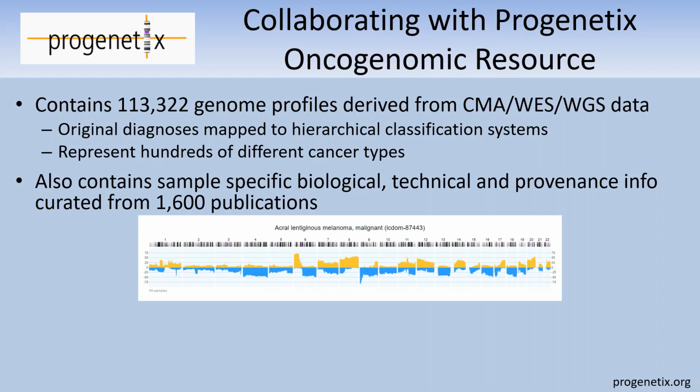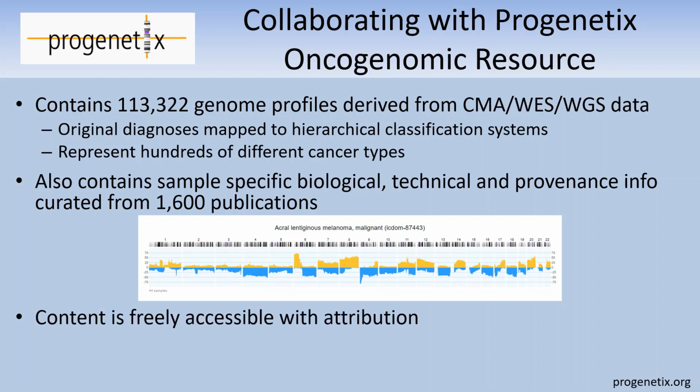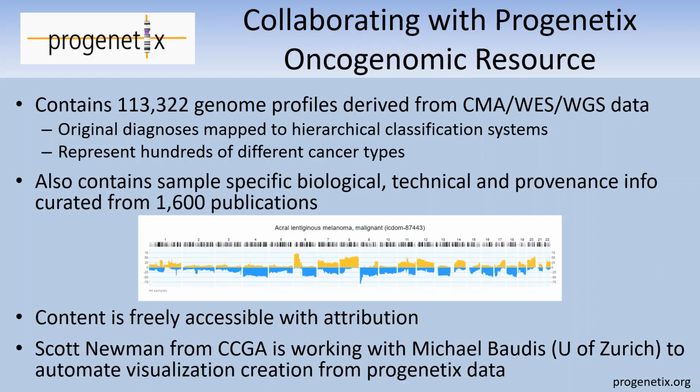So you can find data based on these specific cancer entities and download it, and it's freely available with attribution. So Scott Newman from CCGA is working with Michael Baudis from Zurich to automate creating visualizations using the Progenetix data that can then be imported and displayed within CCGA.